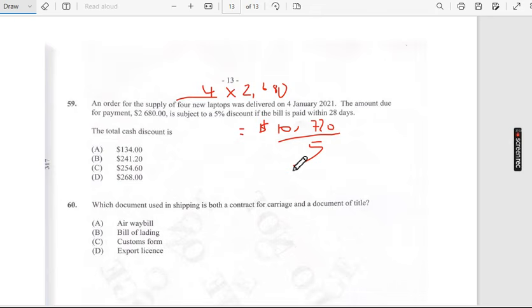Let me see. So we have 10,720 for this one, and it says the deduction of 5% if the bill was paid within 28 days perhaps.